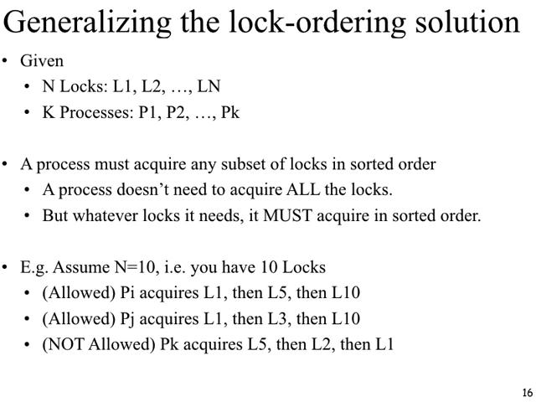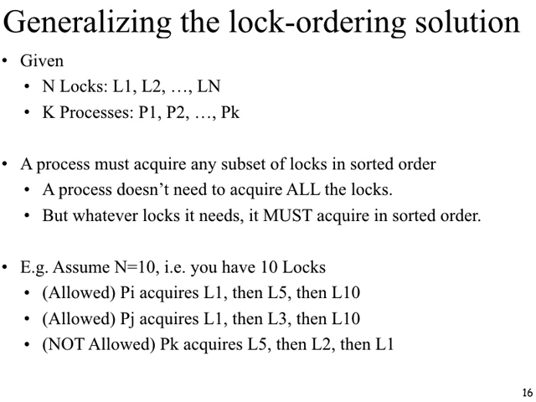Any process can acquire any subset of locks to enter a critical section. So note that all processes don't have to acquire all the locks. A process may choose to acquire only some of the locks. But whichever locks are acquired, they have to be acquired in the order that is agreed upon ahead of time between these processes.